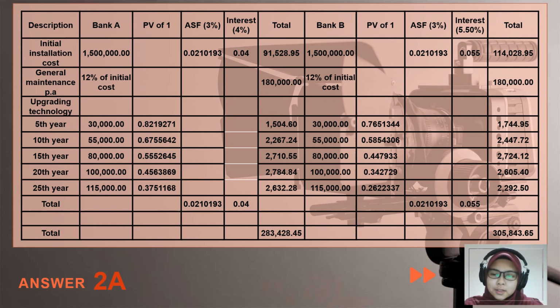The total is as stated above: 1.7 thousand, 2.4 thousand, 2.7 thousand, 2.6 thousand, and 2.2 thousand. So to total up everything, the total for Bank A is 283,000 approximately and 305,000 approximately for Bank B.